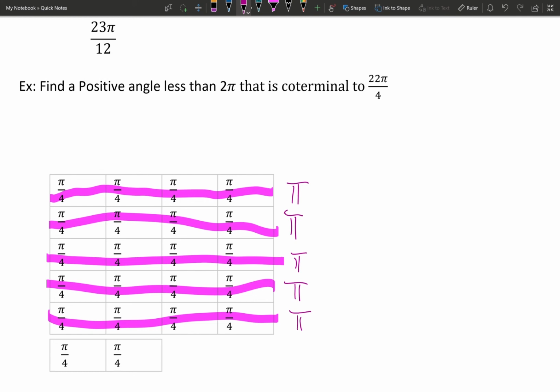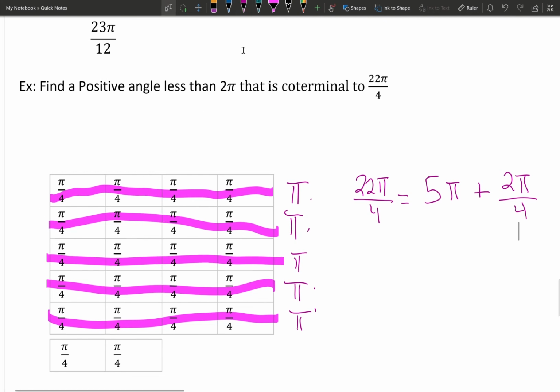This means that another way of expressing 22 pi over 4 is saying that I have 5 pi plus my remaining, which is 2 pi over 4. I have 2 pi over 4s.